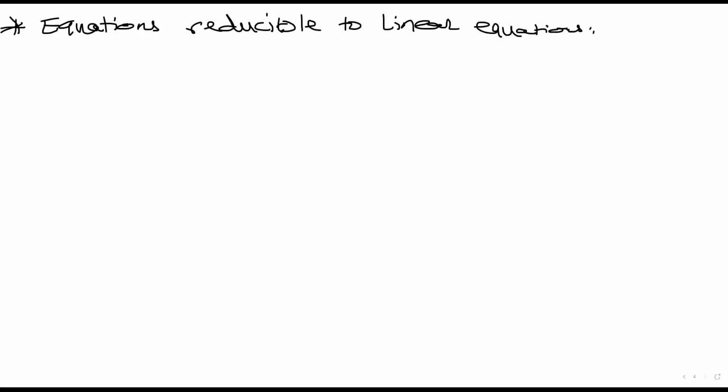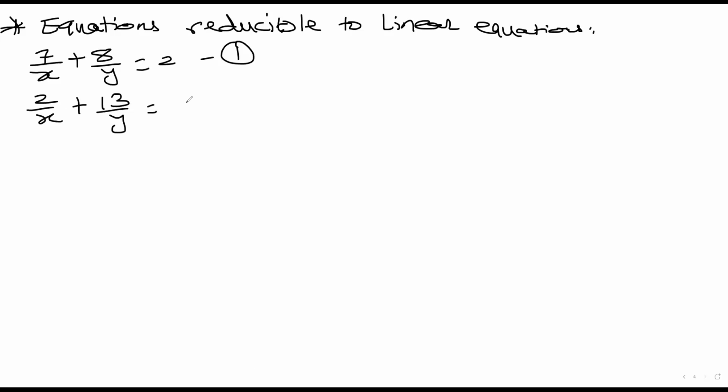So what are the equations given to us? We have been given 7 upon x plus 8 upon y is equal to 2, and then we have been given 2 upon x plus 13 upon y is equal to 22. Let us not write this 1 and 2 here.